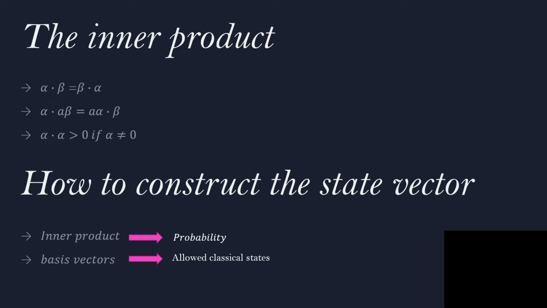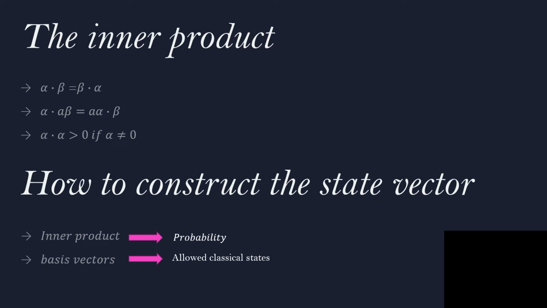And the basis vectors, which we use like Lego bricks to build our overall state vector, typically are allowed classical states. Now I say allowed because in quantum mechanics only certain classical states are allowed. You can't have any state that you could in classical physics, and that is what makes quantum states special and meaningful. They're kind of building up from allowed classical states.